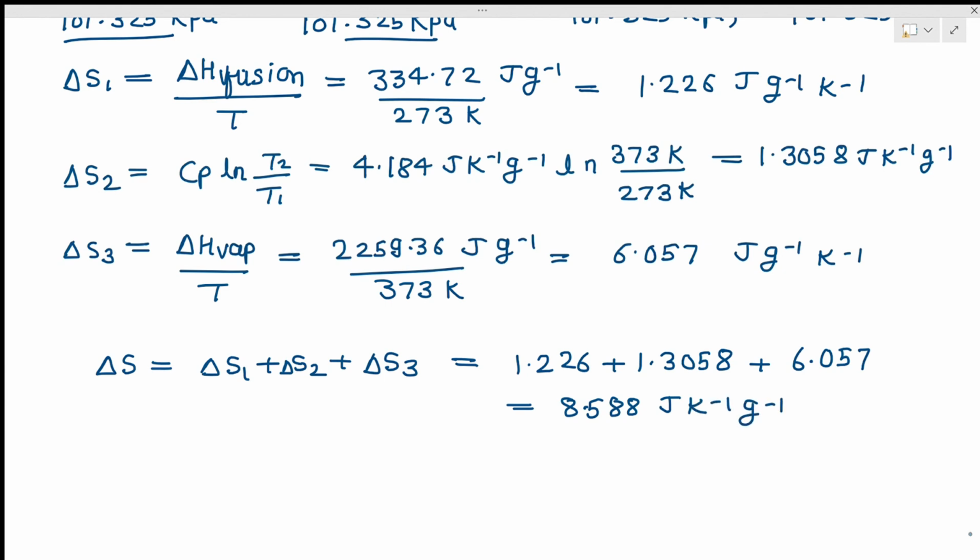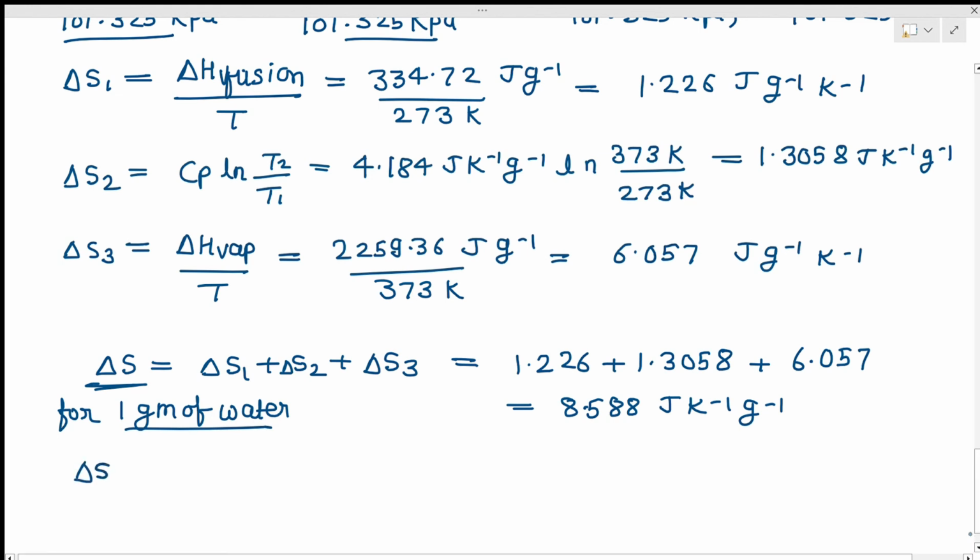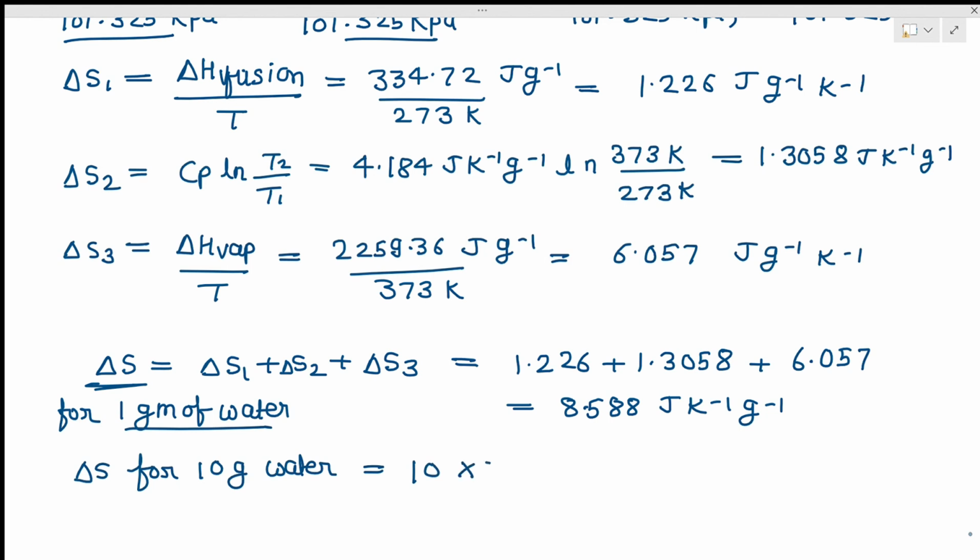One thing you should remember, this del S is for 1 gram of water, and you have to find out for 10 gram of water. You have given in the question paper 10 gram. So del S for 10 gram water will be equal to 10 into 8.588. This will be equal to 85.888 joule per Kelvin. This will be your answer.